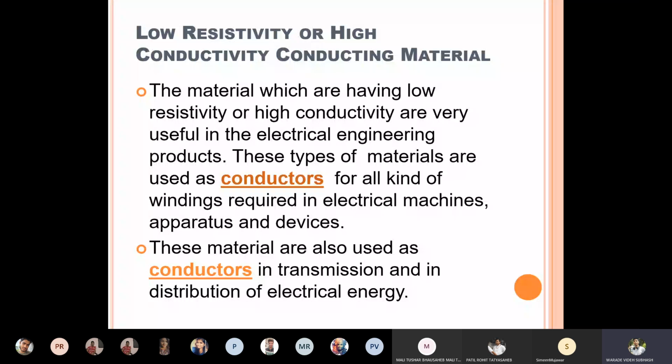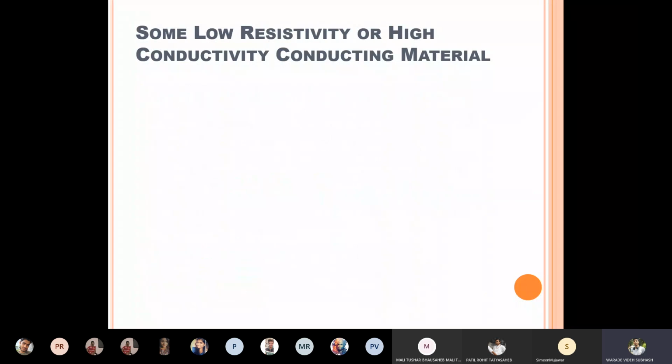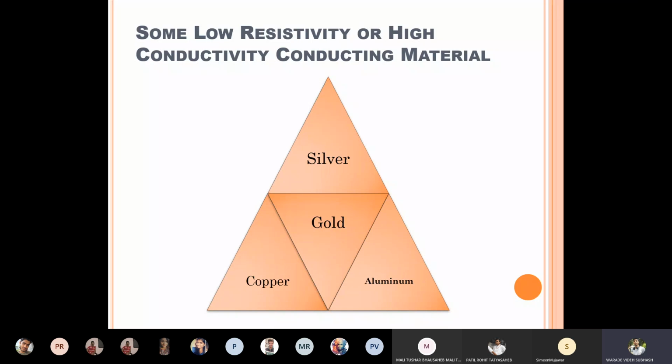They are also used as conductors in transmission lines for distribution of electrical energy. Some low resistivity conducting materials are silver, gold, copper and aluminium. These are four conducting materials.